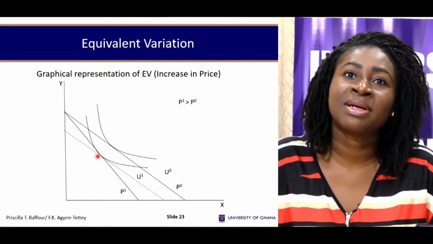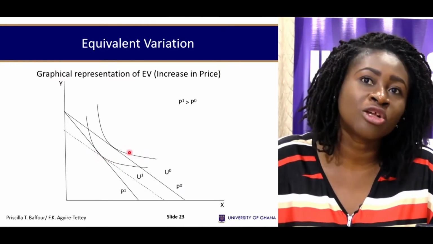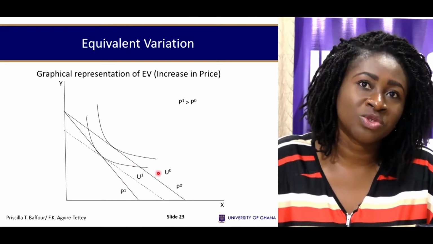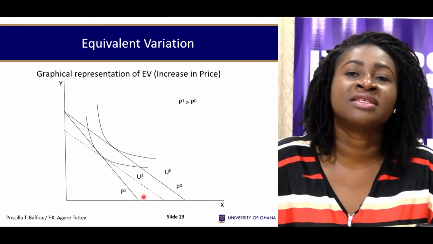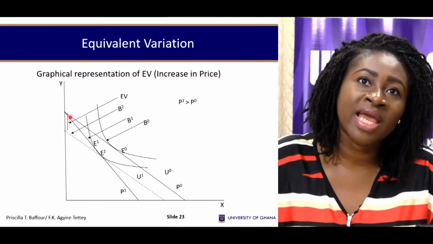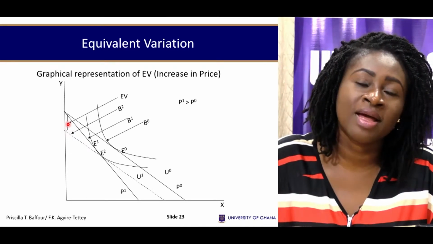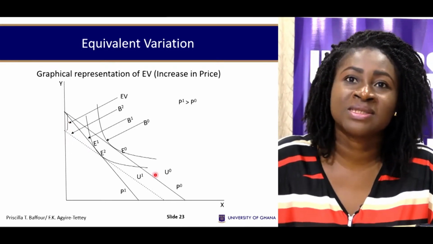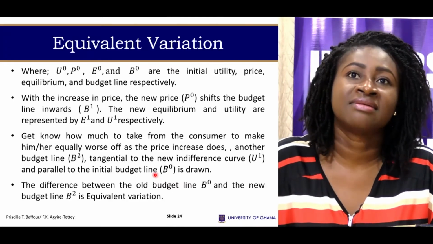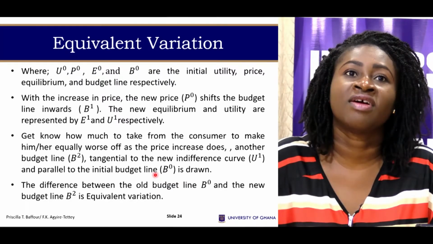And that is a budget line which has the original slope of the original budget constraint, but tangent to the new indifference curve. So that gives us the quantum of money we have to take away from this consumer to make him worse off, just like the price increase has done, right? So that is equivalent variation.